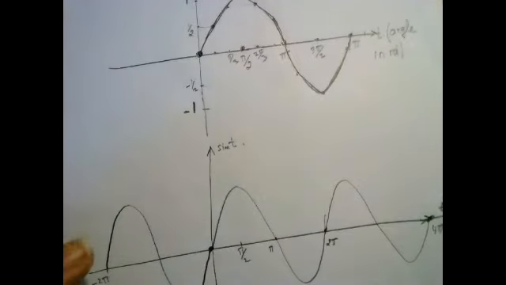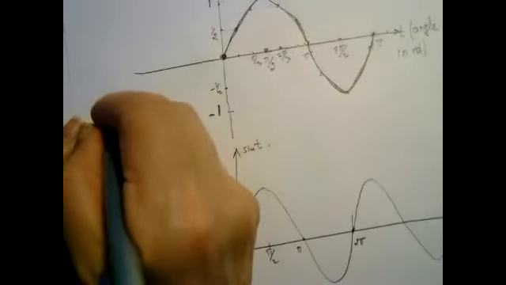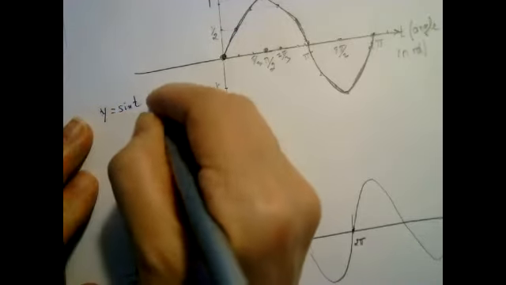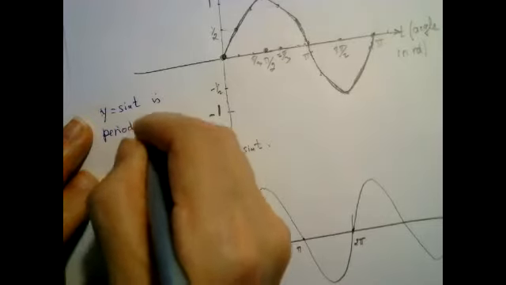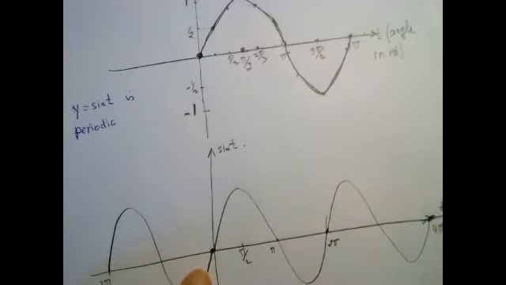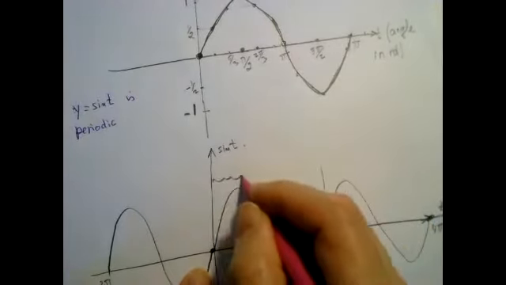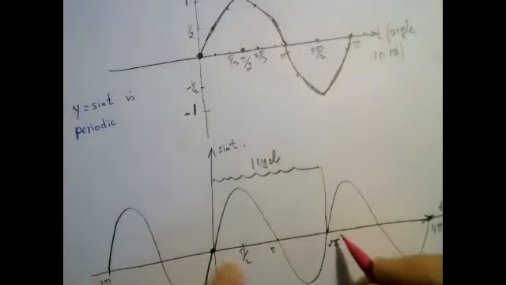So, first comment about the graph of sine. Lots of comments. First, sine t is periodic. What does periodic mean? It means the output values start repeating themselves. Every 2 pi, that's a cycle, and the outputs are going to repeat themselves.